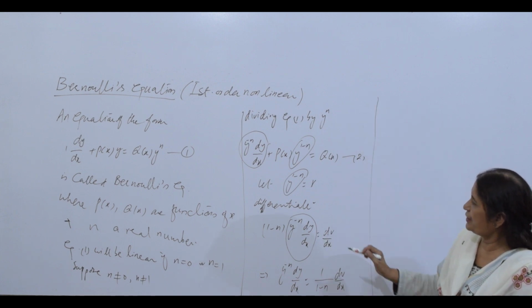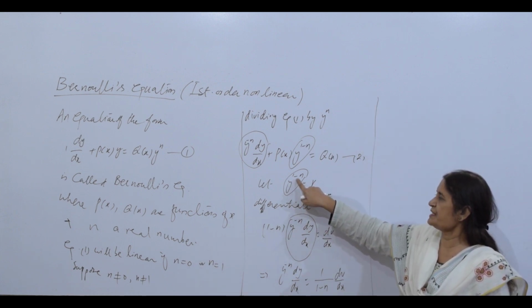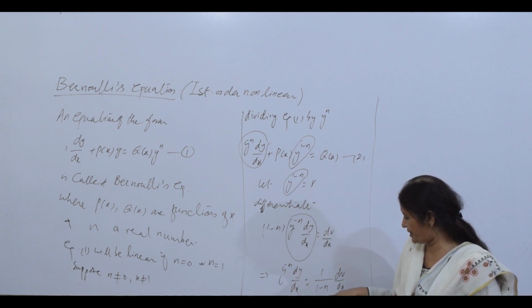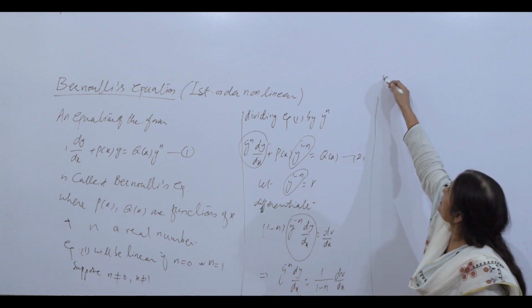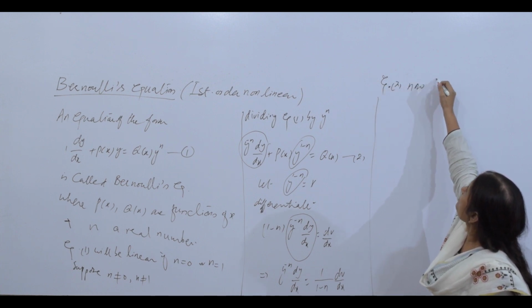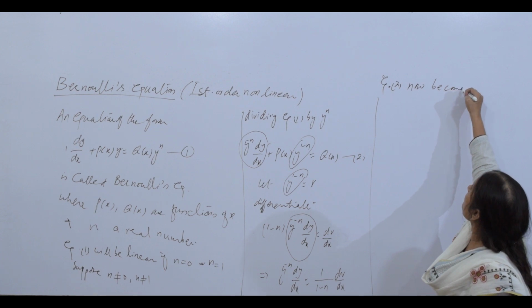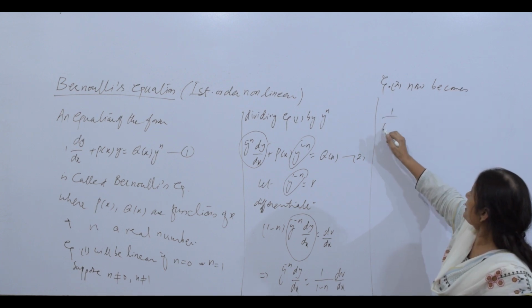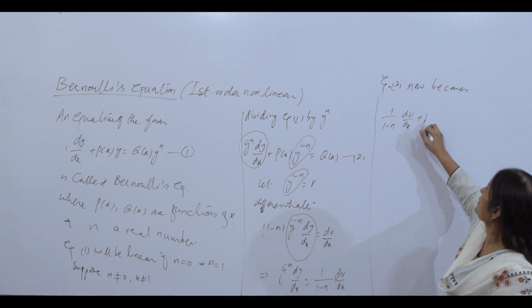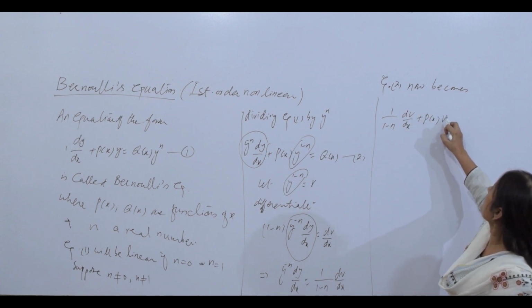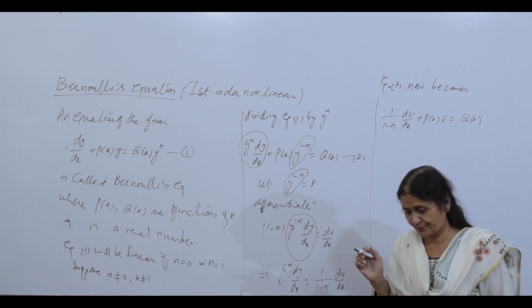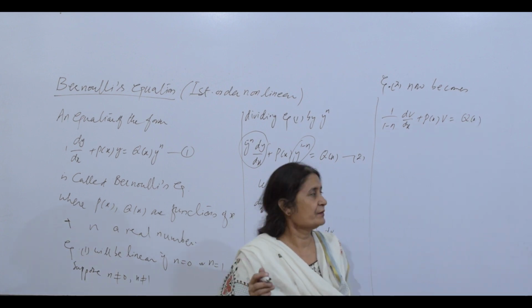Now putting the value of y^(1-n) equal to v and y^-n dy/dx equal to this, equation 2 now becomes 1/(1-n) dv/dx + p(x)v = q(x).